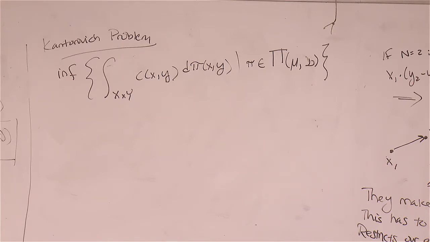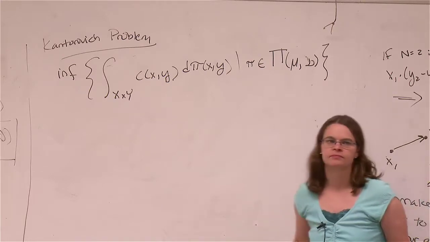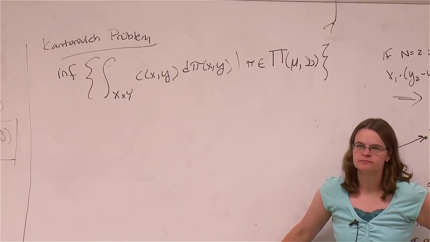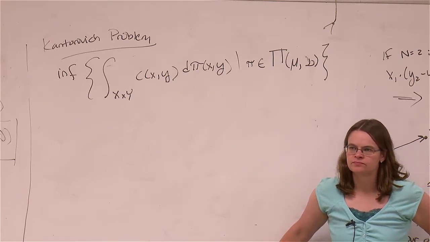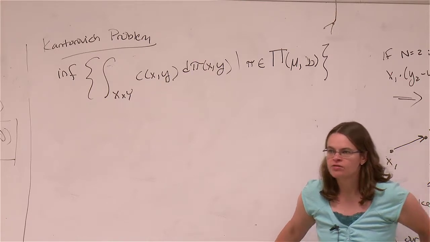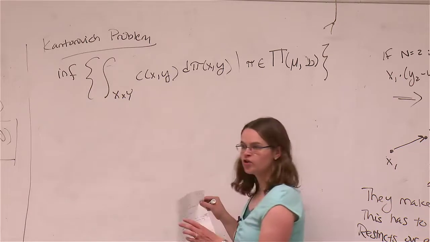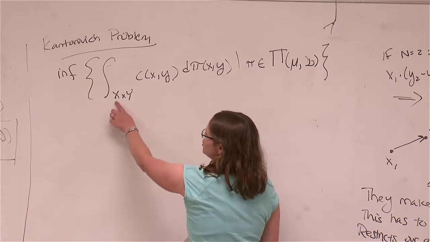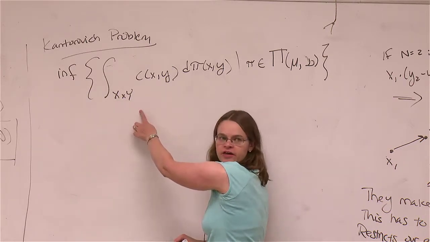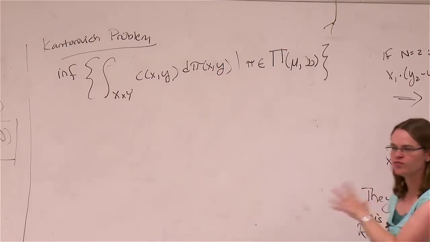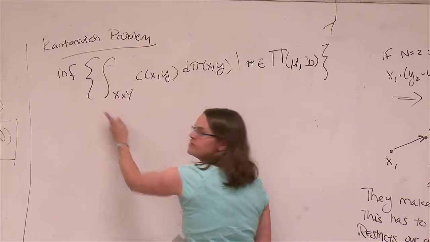Do you remember what this set capital Pi looked like? It's a set of measures that has proper marginals, right? What did that mean? We started with a measure on the set x, which we call mu, and a measure on the set y, which we call nu. And now all of a sudden we've got a measure that lives on the product space. So we've got to relate it back to things that just live on one of these spaces.